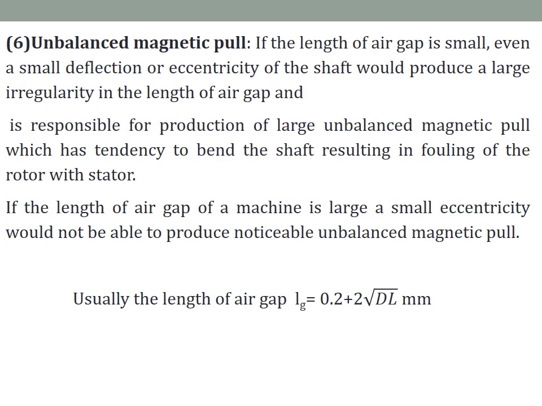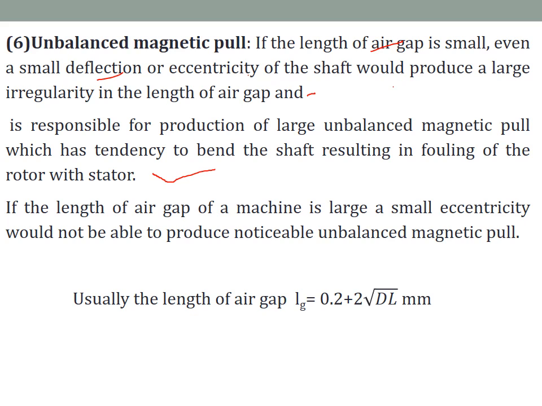Now coming to unbalanced magnetic pull. If the length of the air gap is small, even a small deflection or eccentricity of the shaft would produce larger irregularity in the length of the air gap, and is responsible for the production of a large unbalanced magnetic pull, which has a tendency to bend the shaft, resulting in fouling of the rotor with the stator.